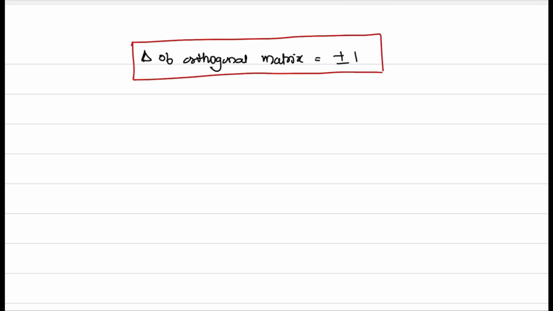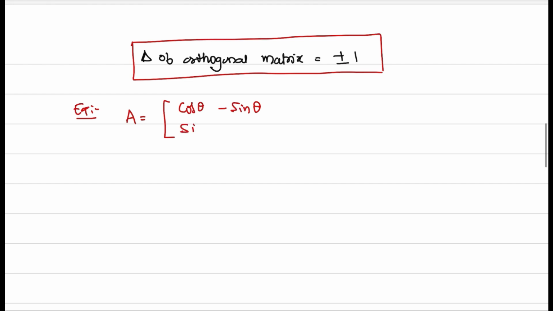I will give one orthogonal matrix example. Let us check whether it is an orthogonal matrix or not. A matrix A: cos theta, minus sin theta, sin theta and cos theta. I told you it can have any value, an element can be a complex number also.